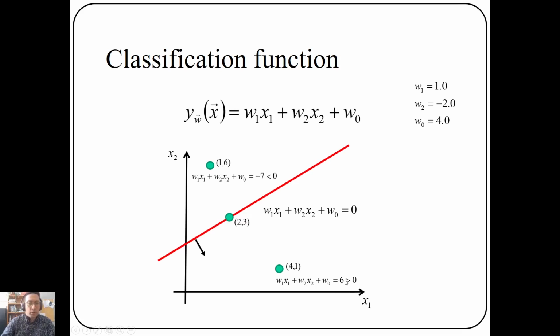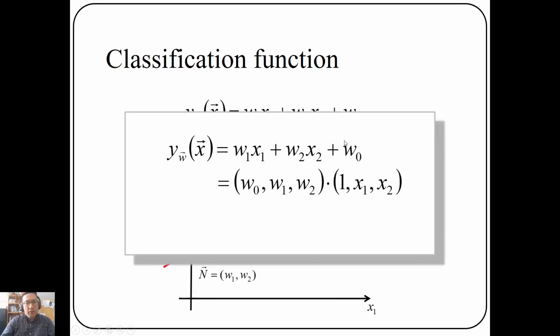Now, interestingly, this classification function, which in fact is simply an equation of a line that returns a positive value each time a point falls in front of the line and a negative value when it falls behind the line, can be summarized by the dot product between two vectors, the vector of what we call parameters W and the vector of input values.